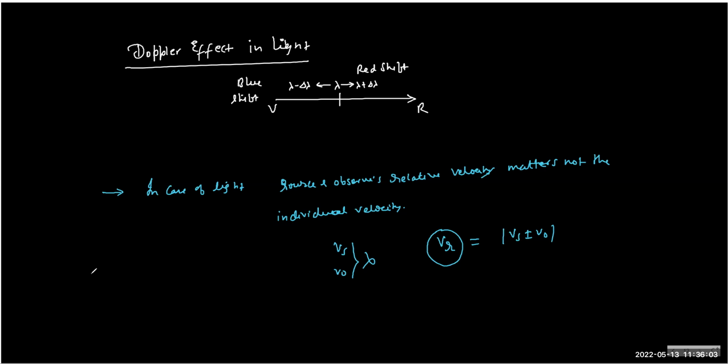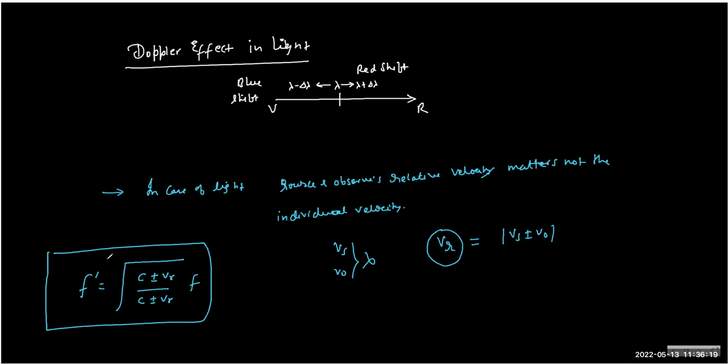And the formula for frequency is given by f dash equals f under root of (velocity of light plus minus Vr) by (velocity of light minus plus Vr). That's it. So here we have only two situations.